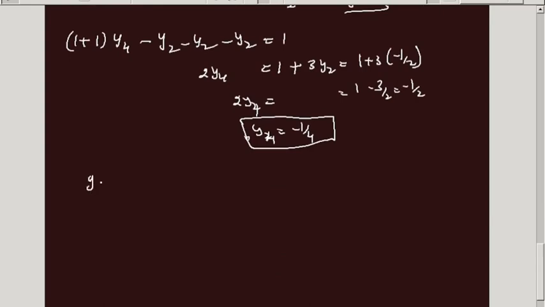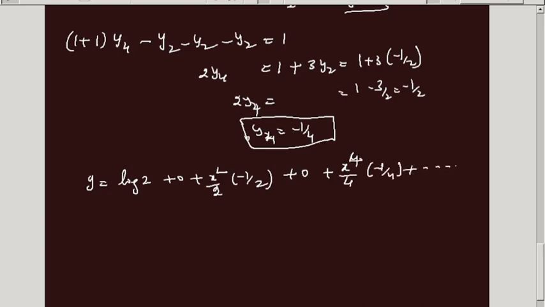Then we can write it as log 2 plus y dash is 0, plus x square by 2 into y double dash, plus y triple dash is 0, plus x power 4 by 4 factorial into y4, plus so on. This is 4 factorial, 24. If we simplify this one, we can write it as log 2 plus x square by 4 plus x power 4 by 96, plus so on. This is nothing but y.